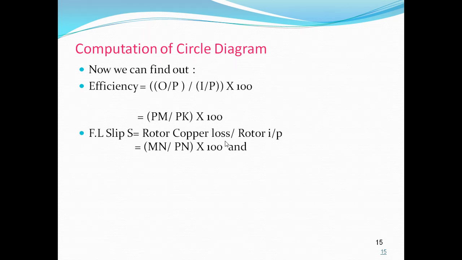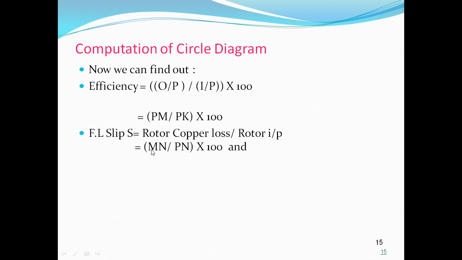Next, slip. Slip S is equal to MN by PN. What is MN? MN is the rotor copper losses, and PN is the rotor input.